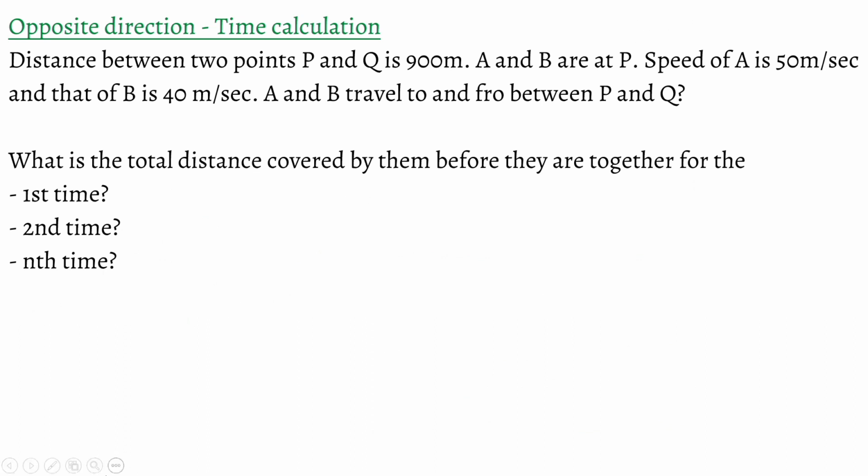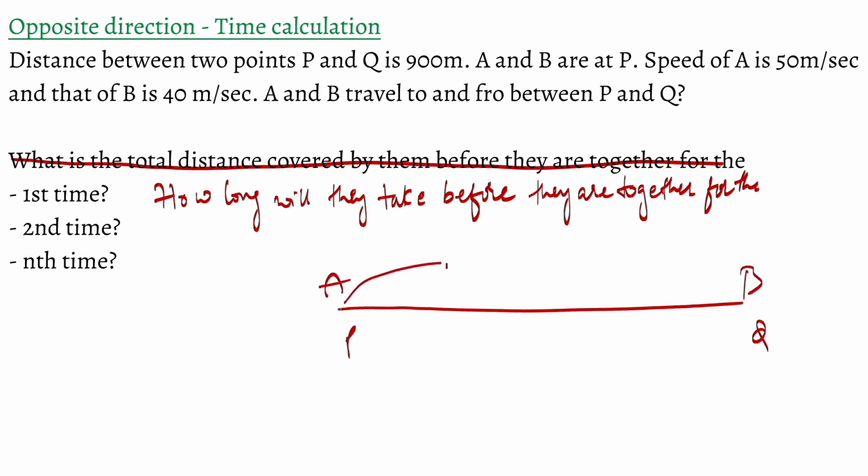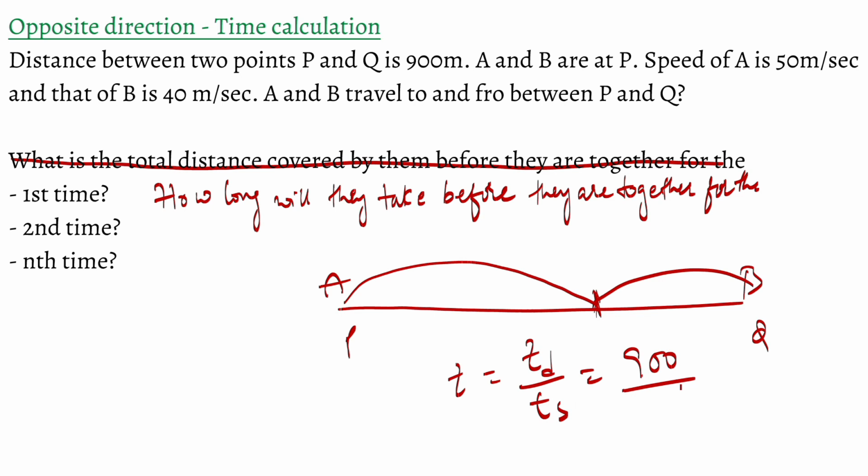So what about time calculation? How can we calculate time? So here, take before they are together for the first time, second time and nth time. So this is P and Q. A is here and B is here. A started from here and B started from here, and they both met somewhere here, right? So the time is equal to total distance by total speed. Here total distance is 900 meters by total speed we know, that is 90 meter per second.